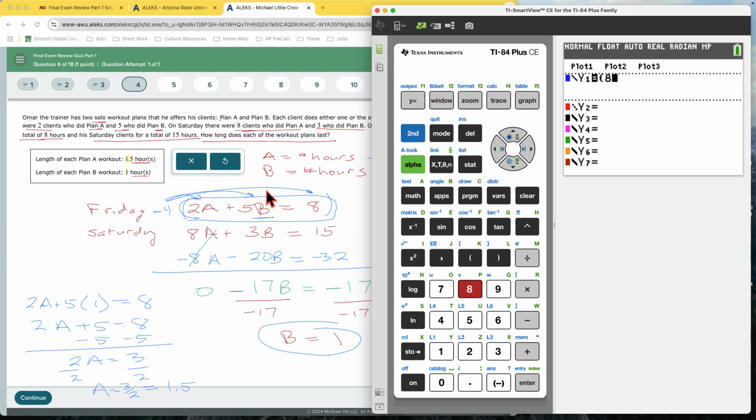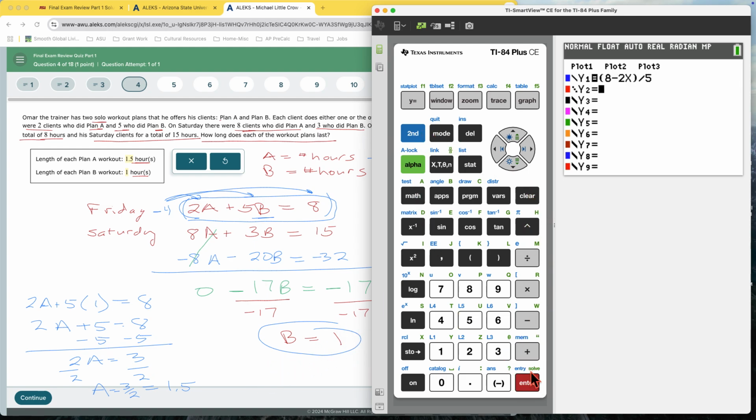The 2a has to come over, so it's positive on the left side, so it becomes minus 2a, in this case 2x. Close the parentheses, and then there's a 5 in front of the y, so we divide everything by 5. And we're going to come up with this answer of 1.5, 1, right? Because b is our y, and that's what we're looking for.